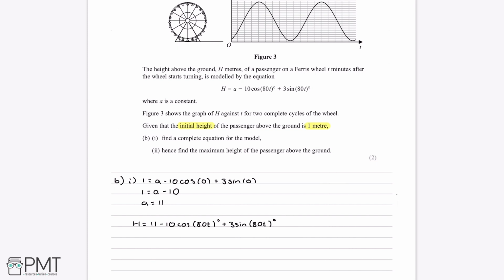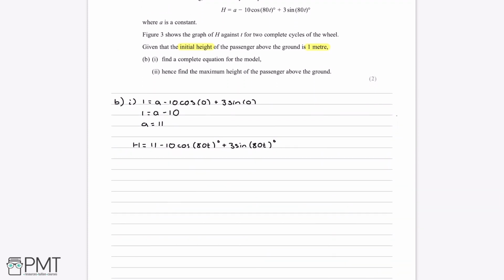But you can also go a bit further and use the answer to part A to develop this equation. Because in part A we were told that 10 cos theta minus 3 sin theta can be written as root 109 cos of theta plus 16.70 degrees, you can see that this 10 cos theta minus 3 sin theta is very similar to what we have here.